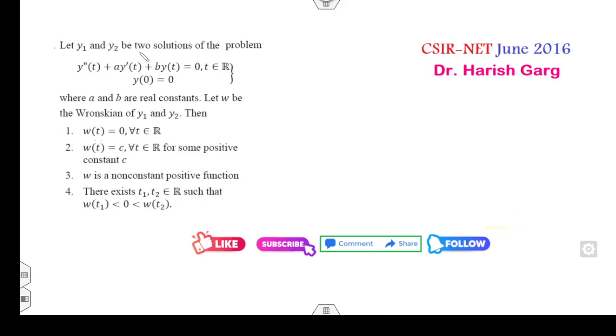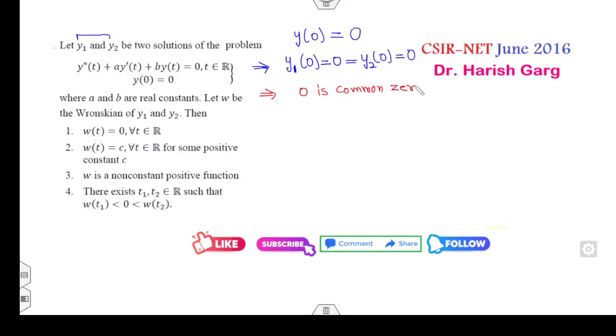Look at the next one. Y1 and Y2 are two solutions of the differential equation such that y of 0 is equal to 0. Here y means y1 and y2, which implies y1 at the point 0 is 0 and y2 at the point 0 is equal to 0. Then which of the following statements are true? What does this mean? That means 0 is a common zero of y1 and y2.